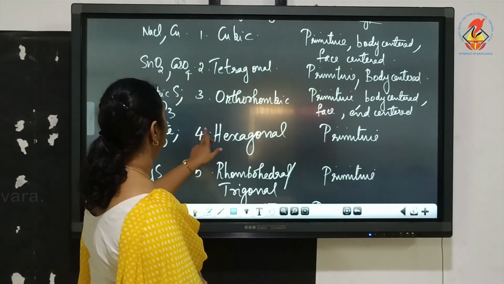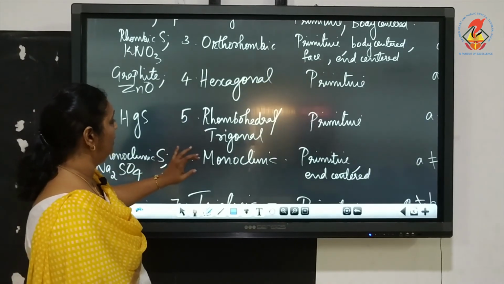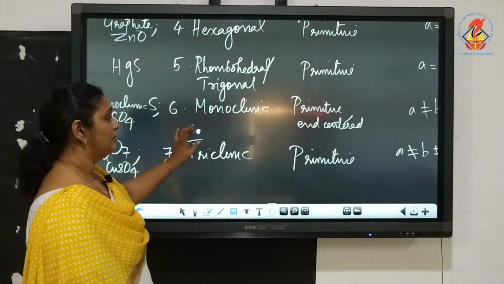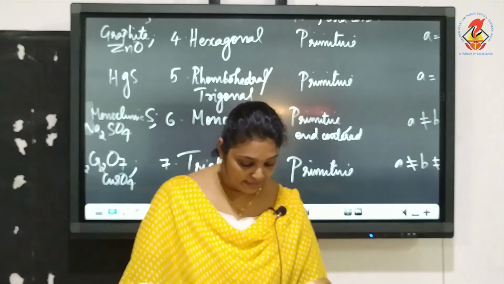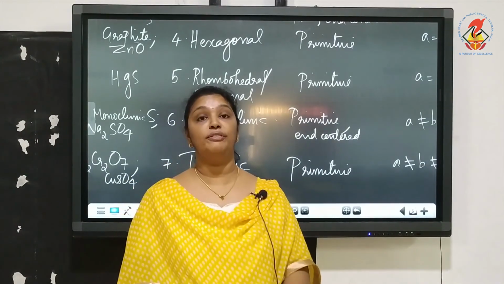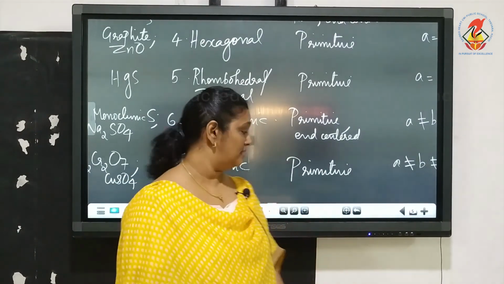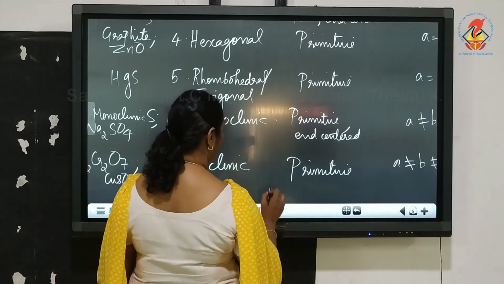The 7 crystal classes are cubic, tetragonal, orthorhombic, hexagonal, rhombohedral or trigonal, monoclinic and triclinic. Now, when you take the 7 crystal classes, there are 14 different types of lattices. You can count here. There are 14 different types of lattices.